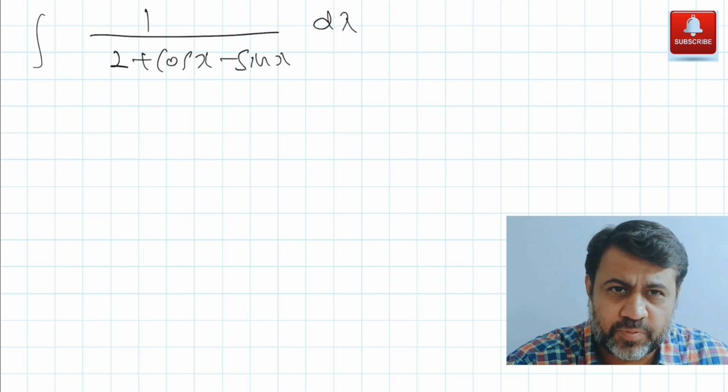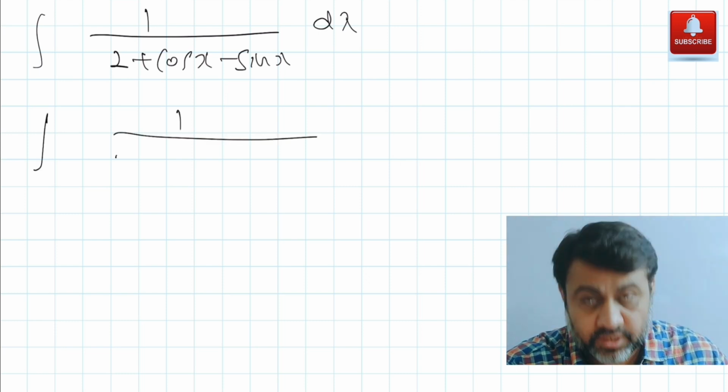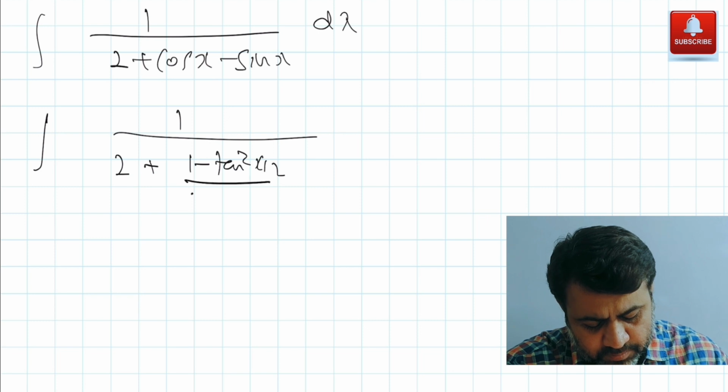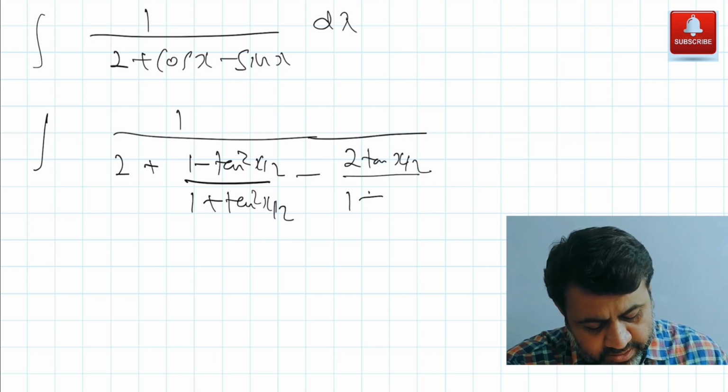First step is going to be the same thing. I am just going to write the value of cos in terms of tan. Cos in terms of tan I write as 1 minus tan square x by 2 upon 1 plus tan square x by 2. Sine in terms of tan, I write 2 tan x by 2 upon 1 plus tan square x by 2.